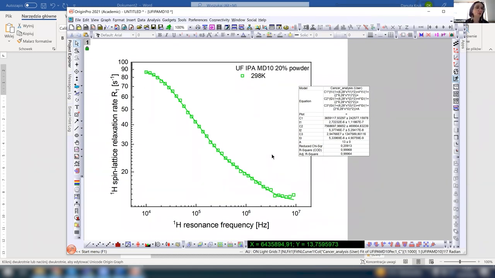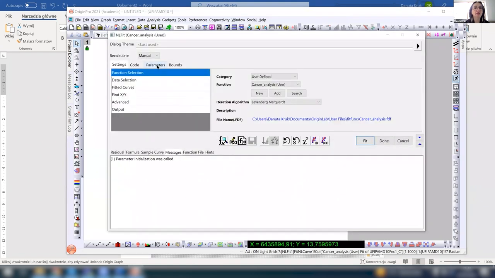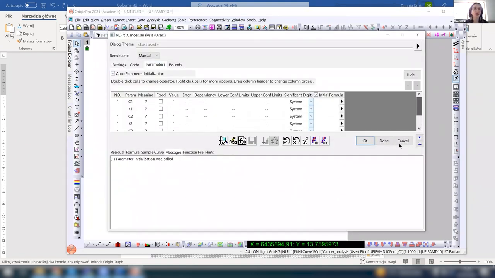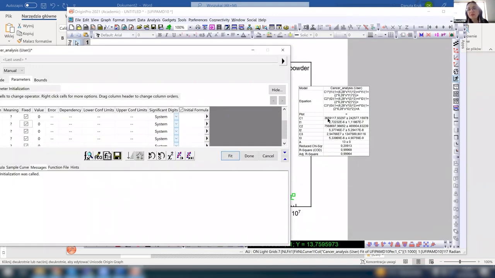So let us now decompose this into the individual contributions and see what happens. So analysis, last used parameters. Okay. 0, 0, 0, 0. And what I have here, 2.6.